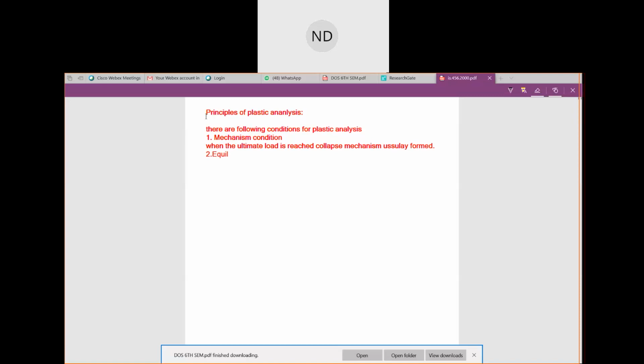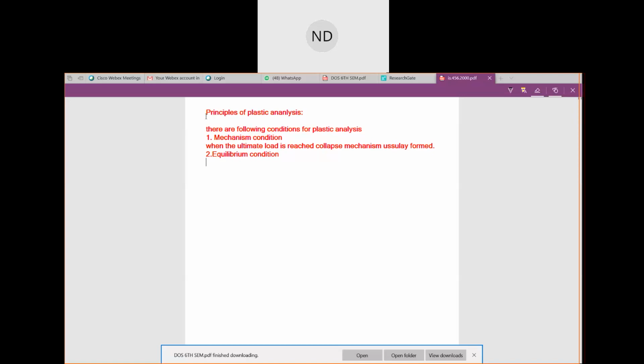The equilibrium condition. Here we have the summation of Fx, Fy, and moments, all of which will be 0.